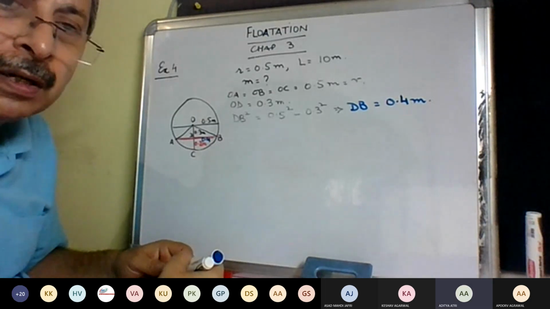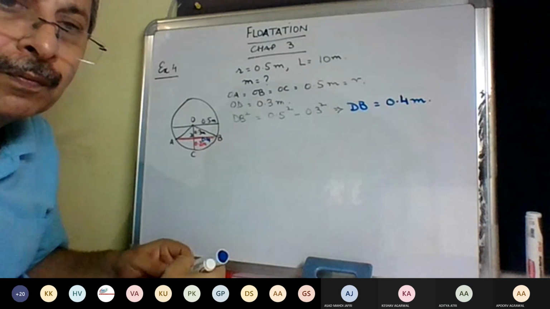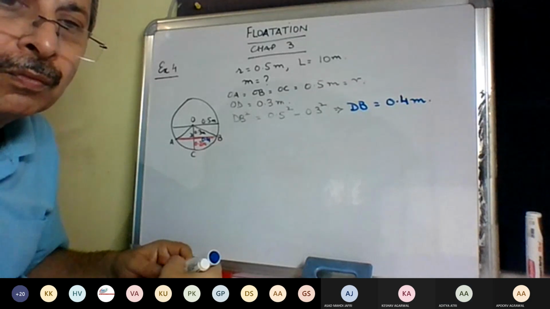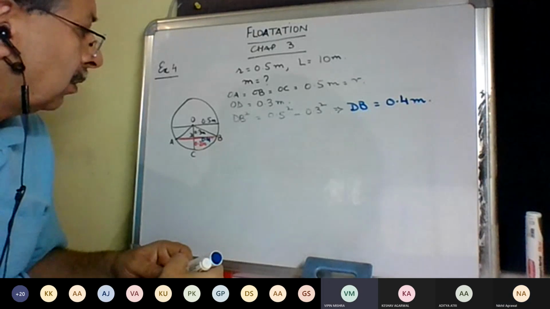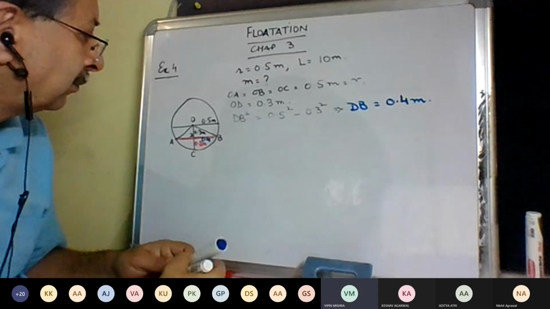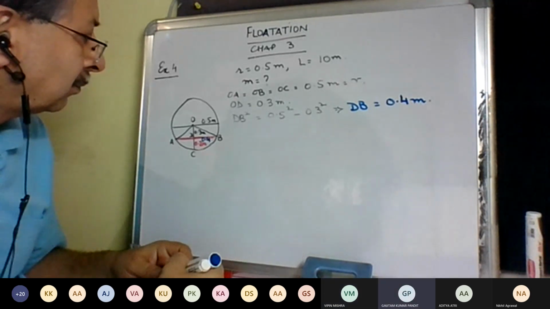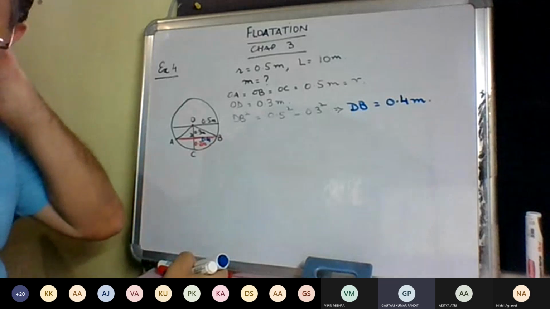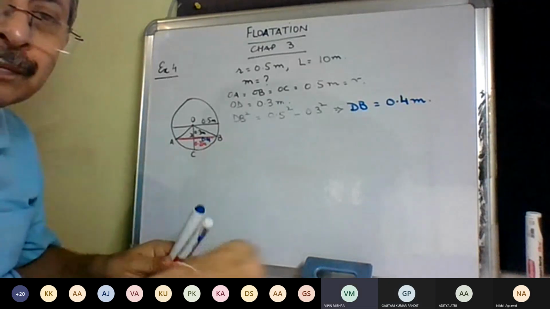Am I interested in पूरा सर्कल? नो सर. सर 1/2 पाई आर स्क्वायर. पूरे सर्कल का डिवाइड बाय 2 कर दिया तो द एरिया ऑफ सेमी सर्कल आ जाएगा.